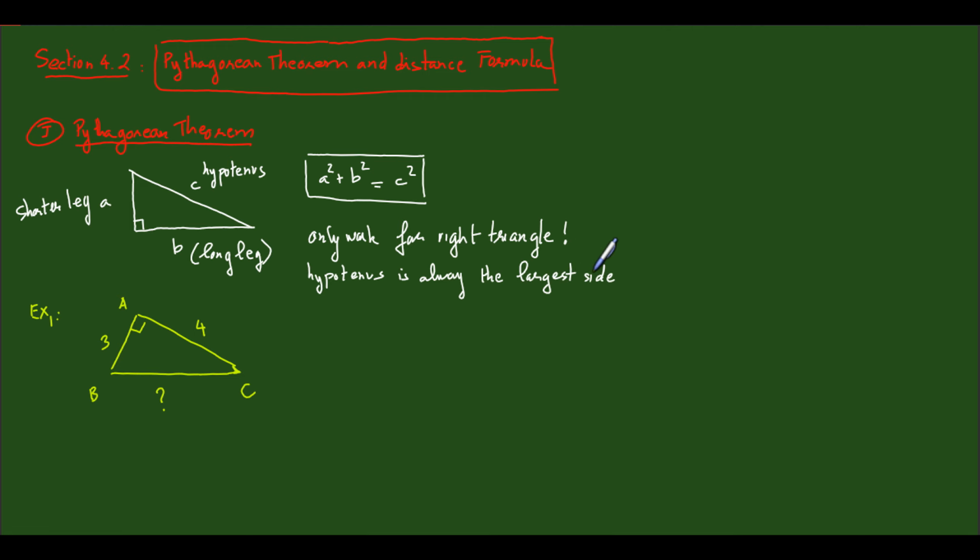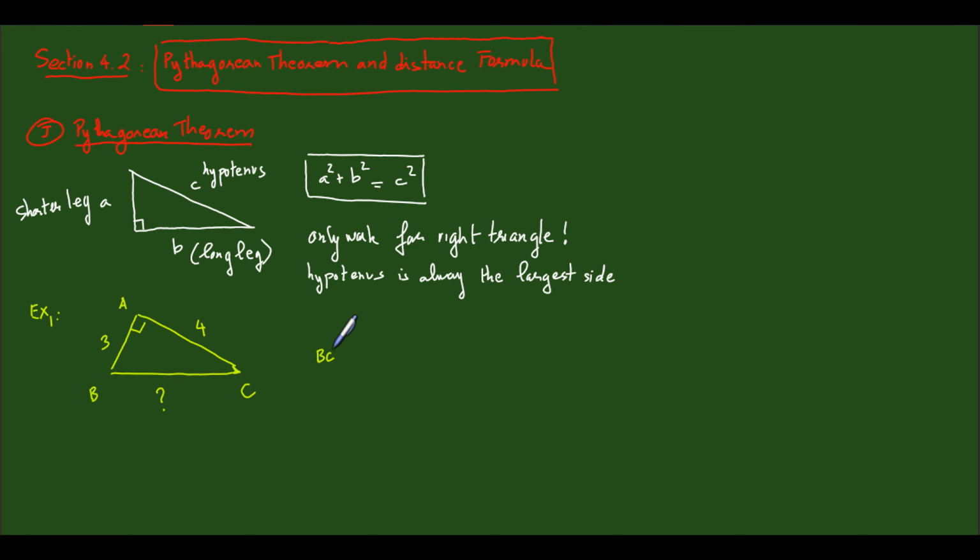So if they draw a triangle, and you see that they have a 90-degree symbol, then the side opposite to this 90-degree angle must be the hypotenuse. Okay, it must be the hypotenuse. So over here, BC is the hypotenuse. So I can apply the Pythagorean theorem.